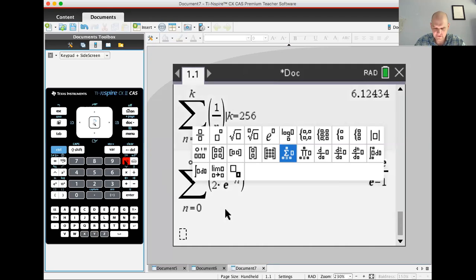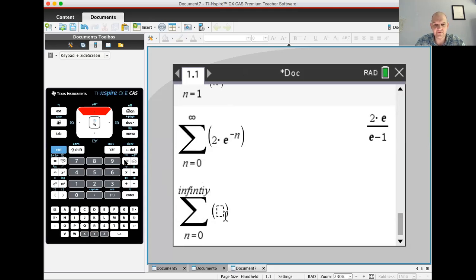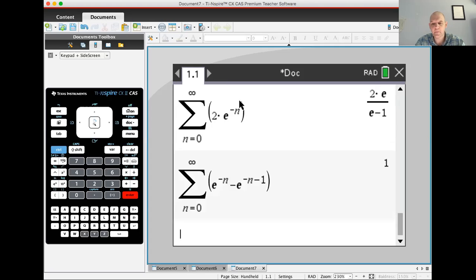So the next one, we were doing from 0 to infinity. Gotta spell infinity right if you're gonna spell it. I-N-F-I-N-I-T-Y. Infinity, e to the -n, and then minus e to the, I'm gonna write -n minus 1, I guess.